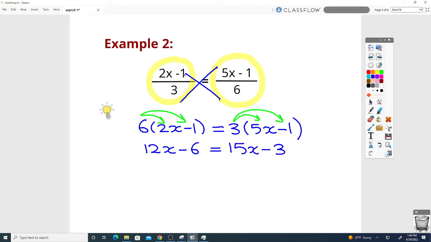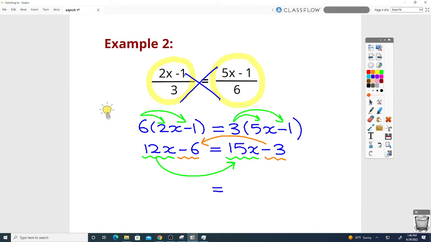Now we can see that we have like terms, which are the x's, so we're going to bring them together, and we have numbers, which we will bring together on one side. I'm going to keep the x's on the right hand side and the numbers on the left hand side. So I'll bring the 12x over to the other side as -12x, and I will bring the -3 over as +3.